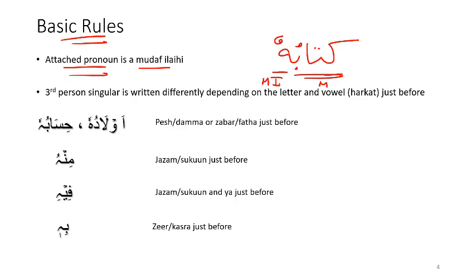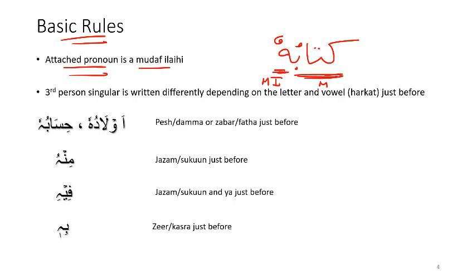This is because we are showing ownership or possession. The hu or he is in possession of the book. So the book or the kitab is the mudaf, that is what is being possessed, and hu is the person who is possessing. That's why we can think of this as a murakkab idafi, and the attached pronoun is the mudaf ilayh.